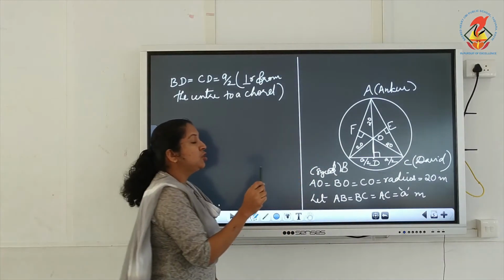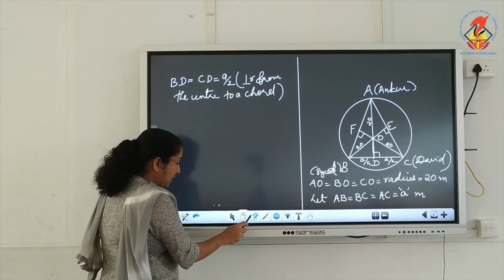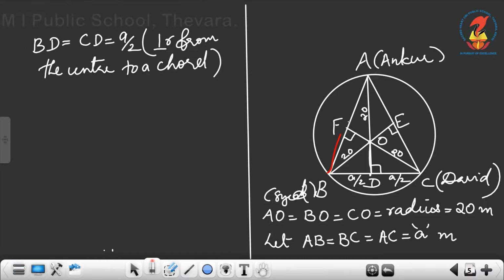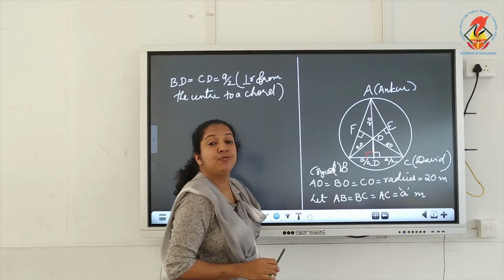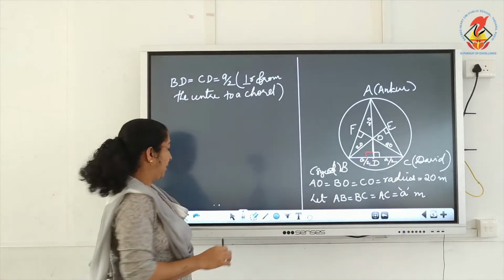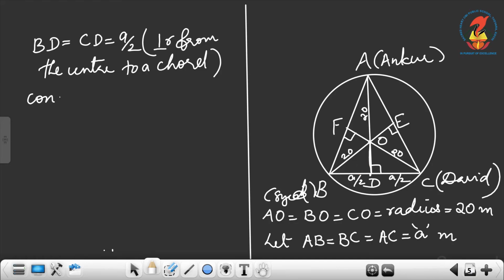After this, what we are going to do is consider the triangle ABD. This is 90 degrees. So, we can find the length AD from that in terms of a. Consider triangle ABD.